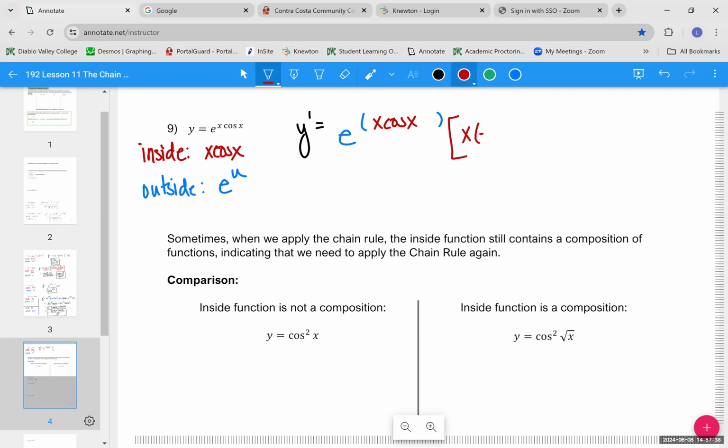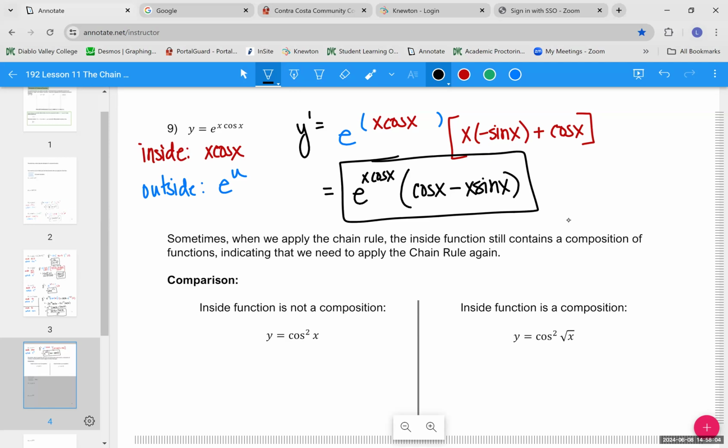First function times the derivative of the second function plus the second function times the derivative of the first. I don't know that there's really a whole lot that can be done with that, so I'll probably just rewrite that inside as cosine x minus x sine x and leave it at that.